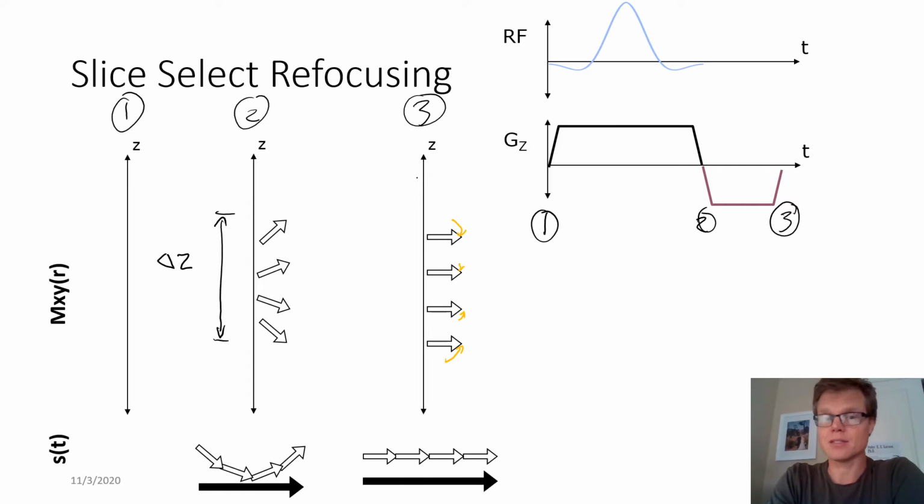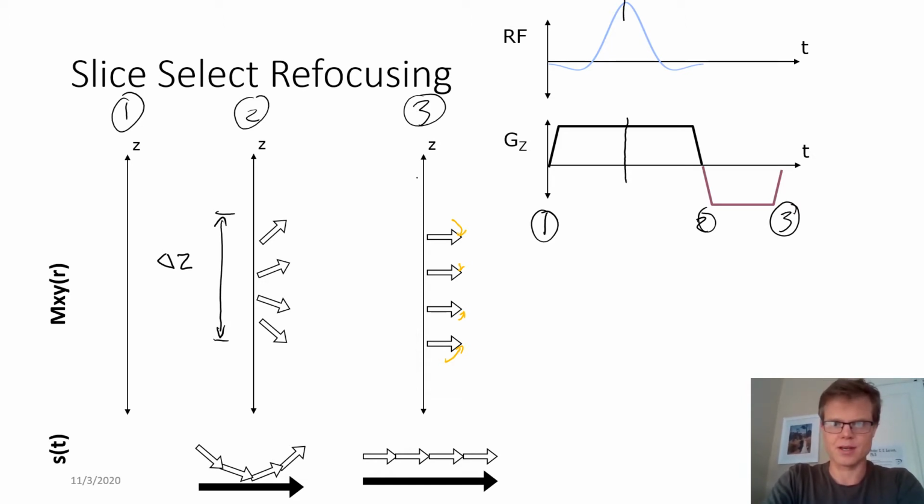If we left things at time 2 here, as you see, we'd have things a little bit out of phase, or they can actually be even more extreme than this, and we'd have reduced signal. So this refocusing gradient is very important for our excitation pulses to get the most signal possible. A couple of rules of thumb here.